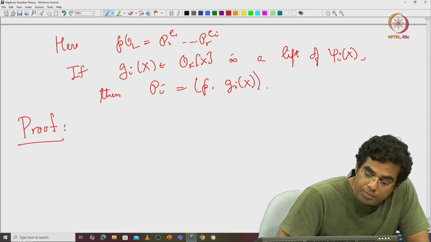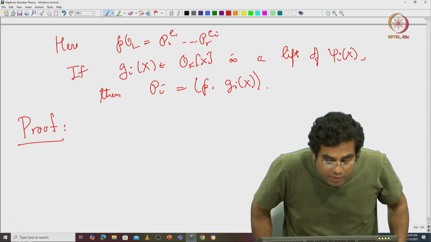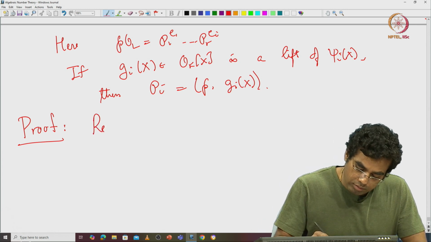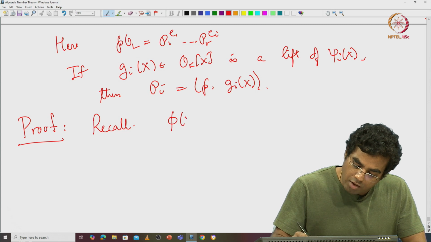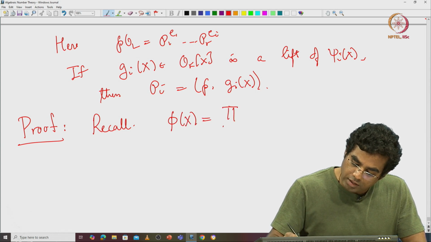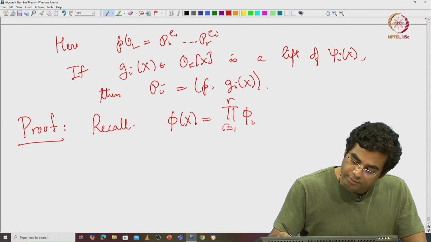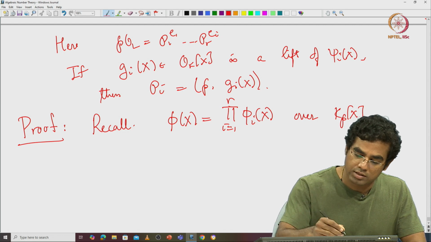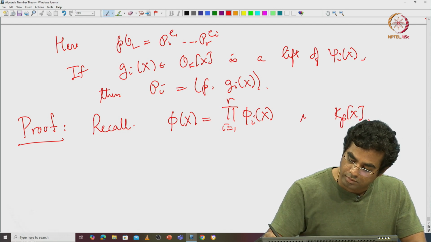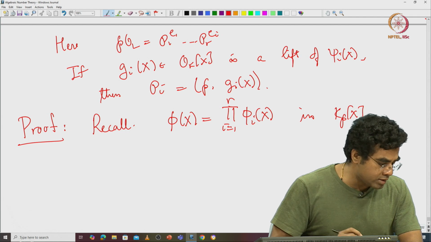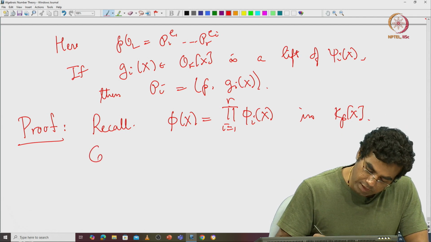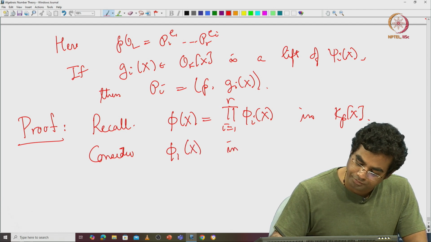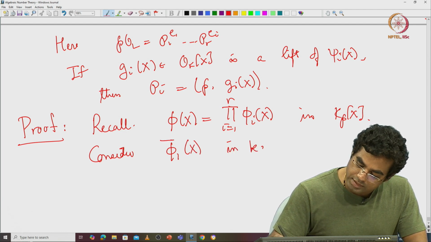Okay. Now, how do we prove this? Well, we use the information that we have before. So, recall that phi(x) is the product over i going from 1 to r of phi_i(x) over k_p[x]. So, what I do is I consider phi_1(x), let us say, in k_p[x].